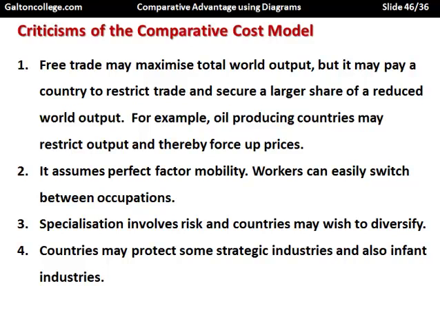It could be part of their defense forces or security industry products. And also, some countries want to protect infant industries. Perhaps new companies are starting and the country wants to protect them from trade so that they can get started, they can get enough reserves before they start competing internationally.